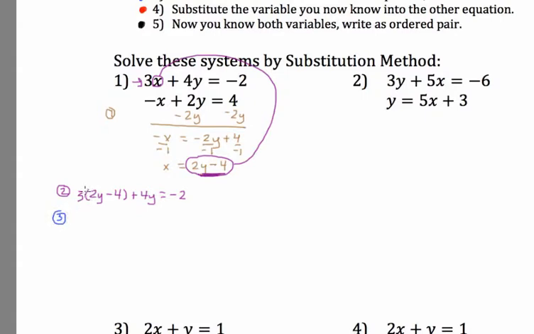So step 3, solve it. Find what y is. I've distributed. Now I'll add my like terms.